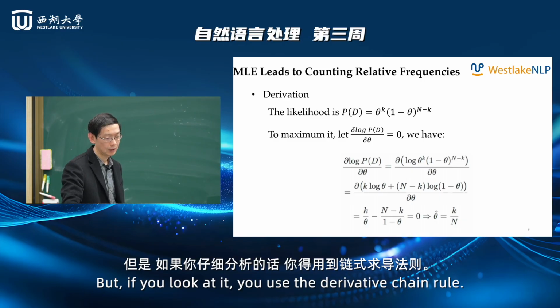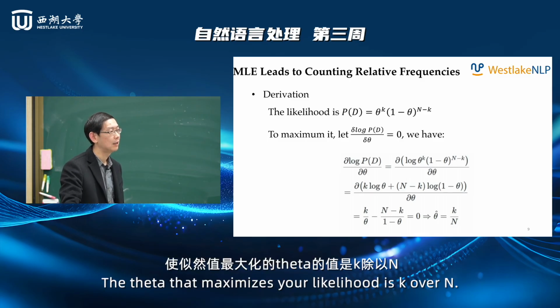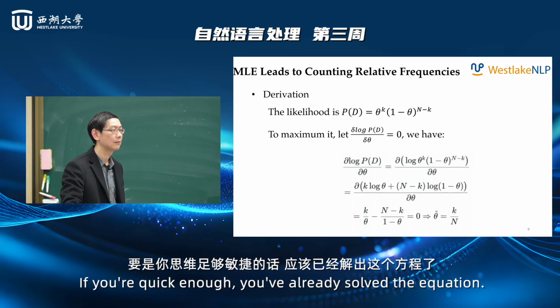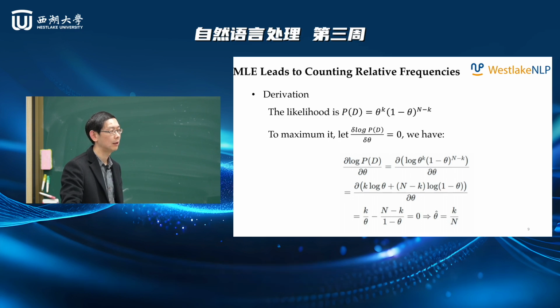If you look at it, you use the derivative chain rule, and you solve the equation, and you'll find the analytical solution. The theta that maximizes your likelihood is k over n. If you're quick enough, you already solved the equation. If not, I leave it to you to do it offline.